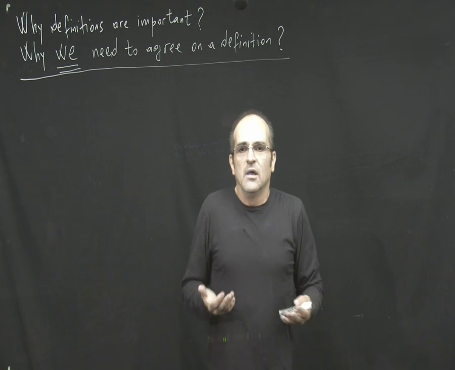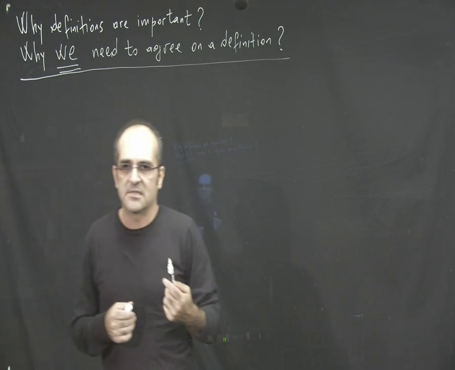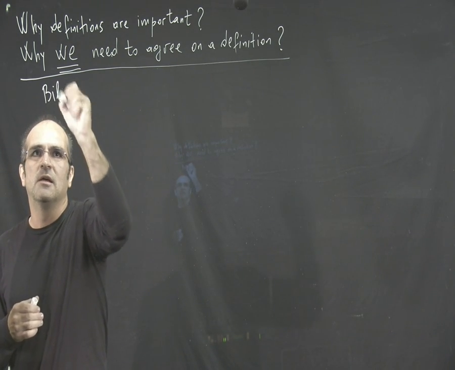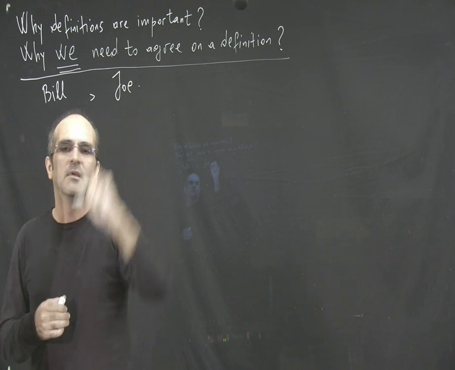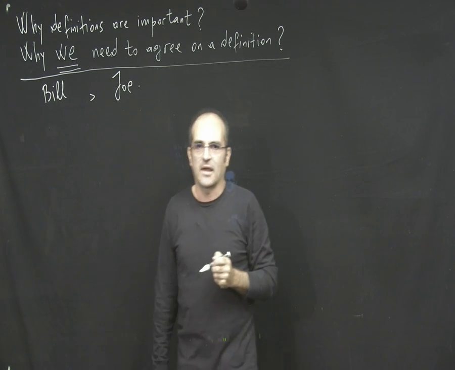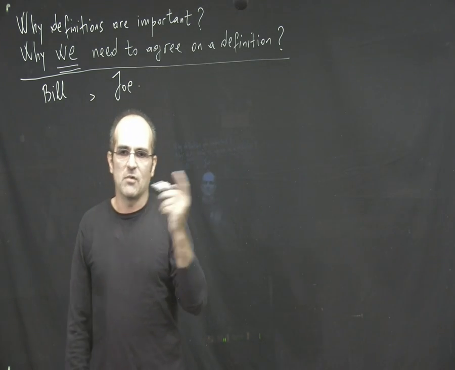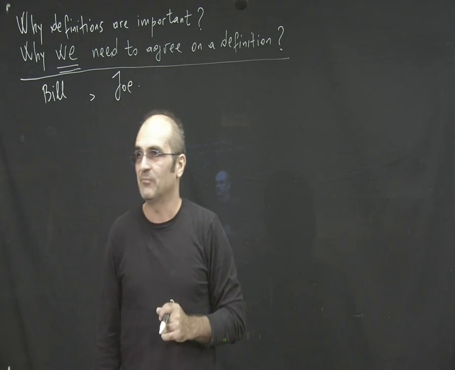Okay, so suppose, for example, we have two students that want to discuss a mathematical topic. Let's call one student Bill and the other one Joe. I know, not that inspiring names, but these are the default names. I always think about Joe Doe when I read Joe, but let's call them B and J, Bill and Joe.